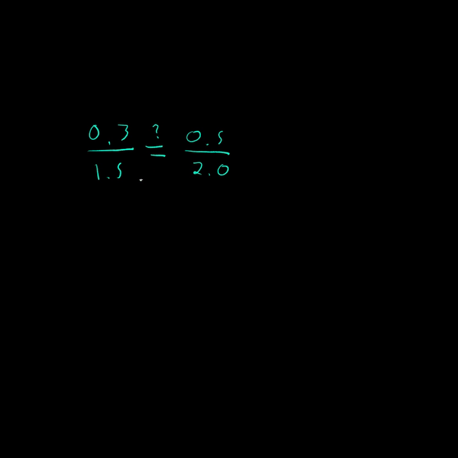So let's test this. Using our means extremes property, we know that 2 times 0.3 should equal 1.5 times 0.5 if this is a proportion. And so 2 times 0.3 is 0.6, and then 1.5 times 0.5 is, oop, my bad, 0.75.